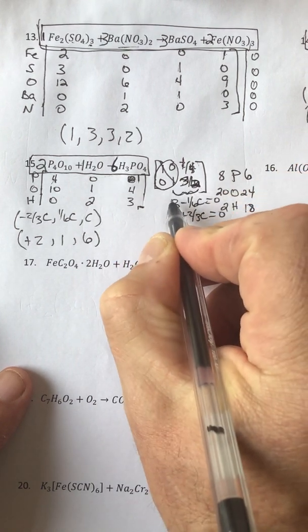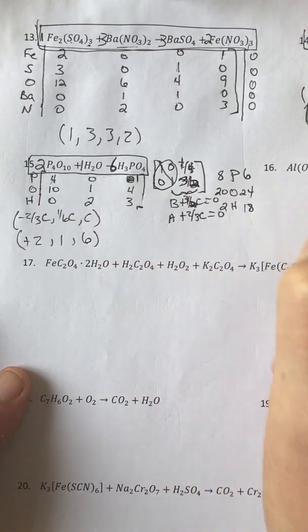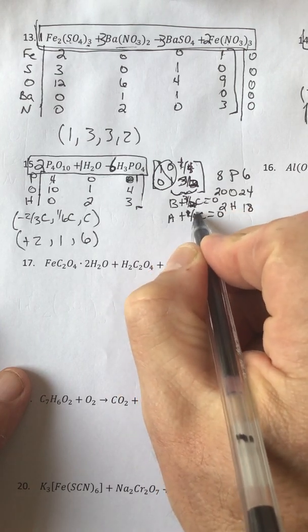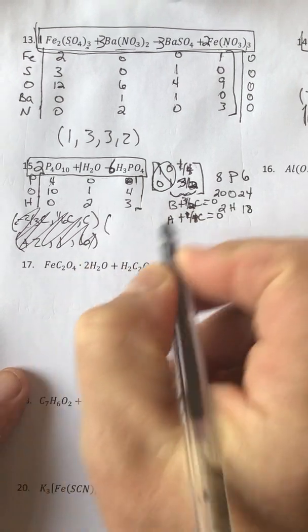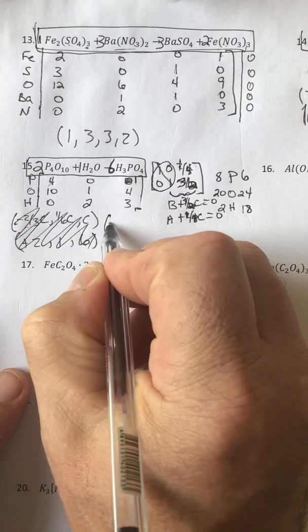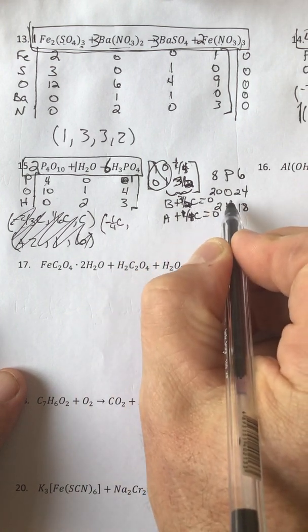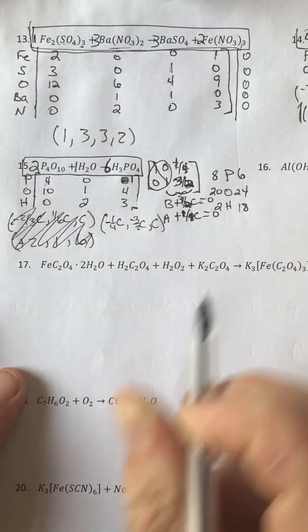So this part was B plus 3/2 equals C. And this part was A plus 1/4 equals C. So our A term, when I move the A over here, that will be negative 1/4 C. Moving the B term over here, that will be negative 3/2 C and then C.